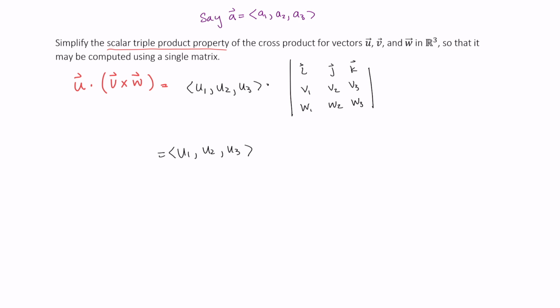And this cross product here is going to be v2w3 minus v3w2, comma, negative v1w3 minus v3w1, comma, v1w2 minus v2w1.